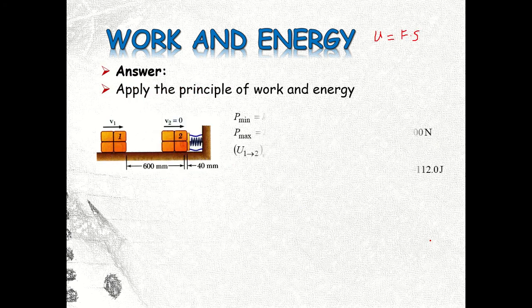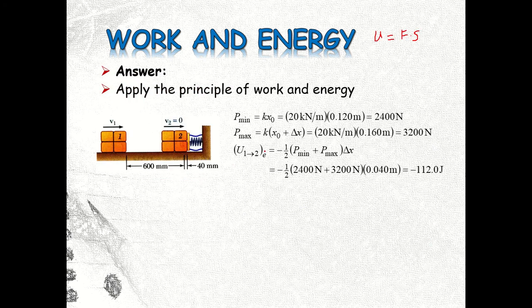Then this one, work 1 to 2, this is 1 half, considering the spring, minus 1 half times the sum of the minimum force and the maximum force multiplied by delta X, the displacement.